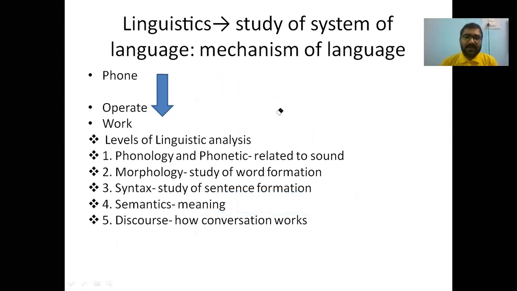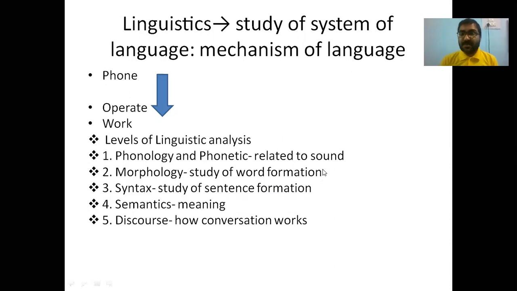So now, the second thing we are going to discuss is that language is a mechanism of linguistics. Now we are going to study linguistics. What is linguistics? Linguistics is a study of the system of language.